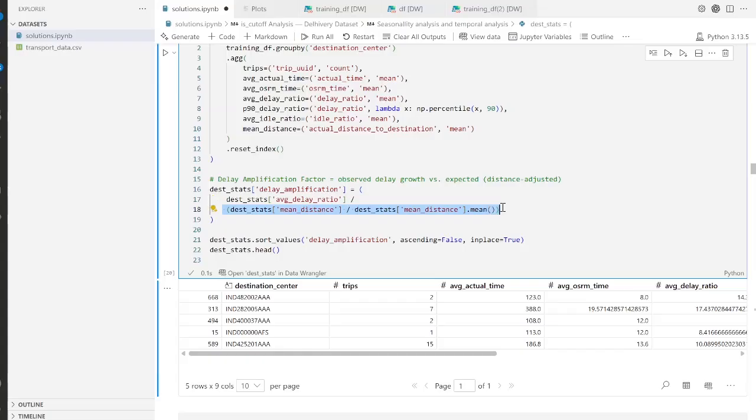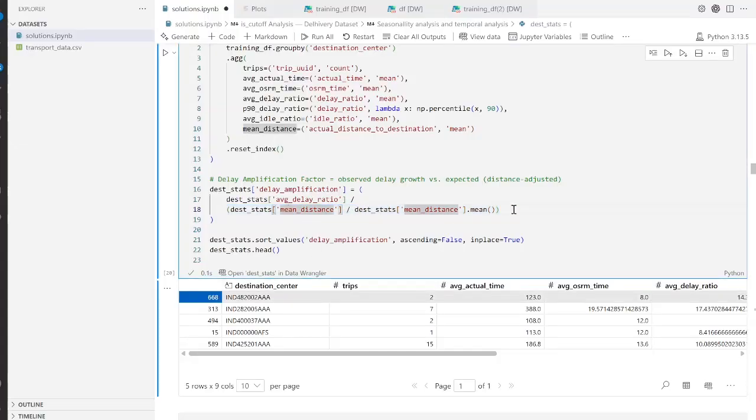Here, the one which I just highlighted will give us the factor by which, for a given trip, the distance is more, or it could be less, than the mean of all the trips. Meaning to say, if I take the mean of all the trips, whatever value I get, I plug it here, whereas for a given trip, what is the mean distance?